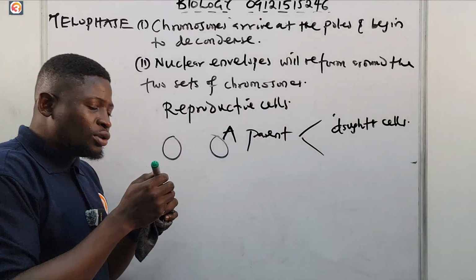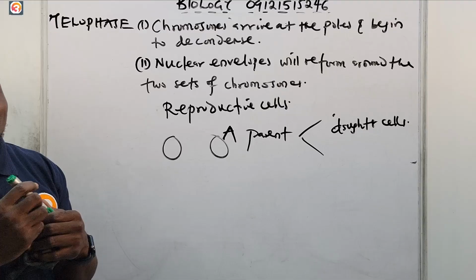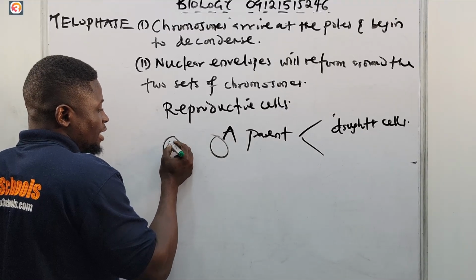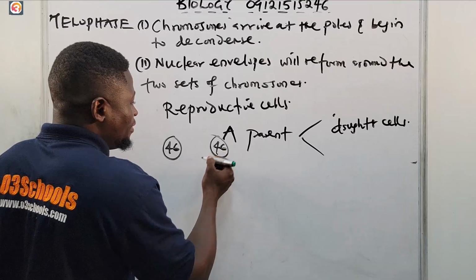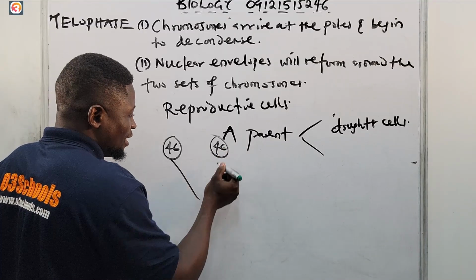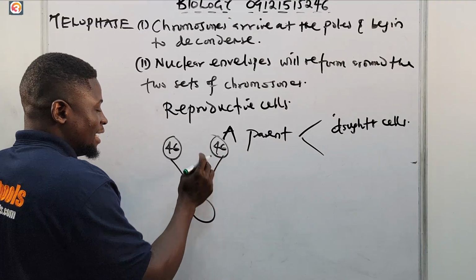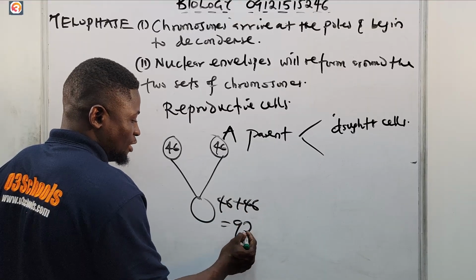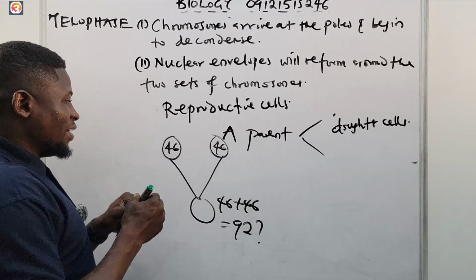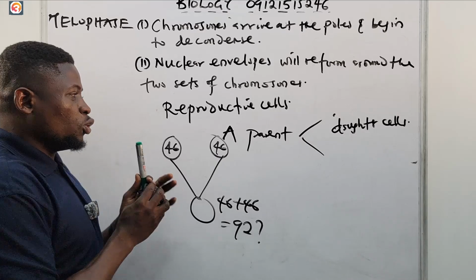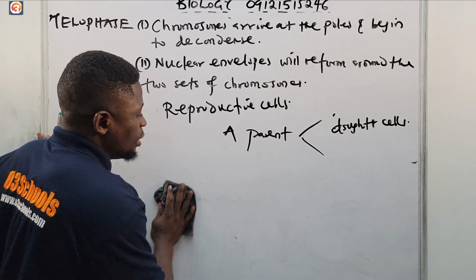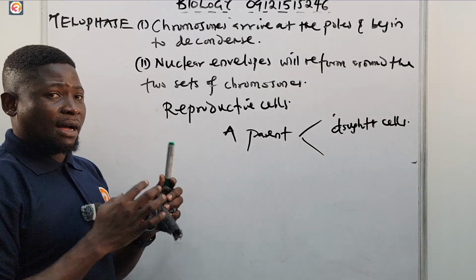If the father has 46 chromosomes and the mother has 46 chromosomes, and they give birth to a daughter, will the daughter have 46 plus 46 chromosomes, which would be 92? Do we do this? No, far from it. This is not what we do when it comes to reproductive cells, and that is why we're talking about meiosis.